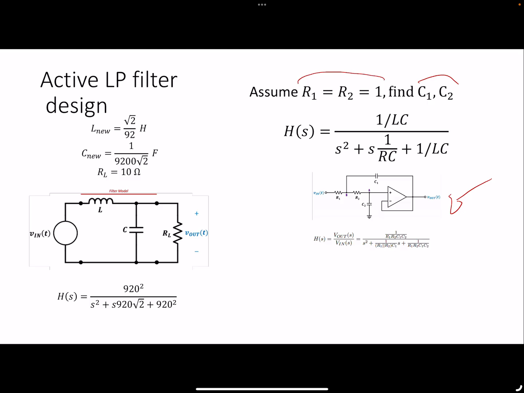We're going to have 1 over R1 R2 C1 C2. Because R1 and R2 are 1, it's just C1 C2. And then to match this expression, what would that have to be? What does 1 over C1 C2 have to be?